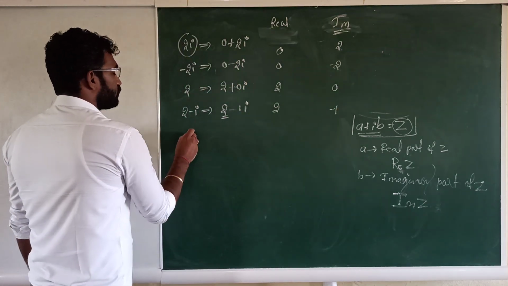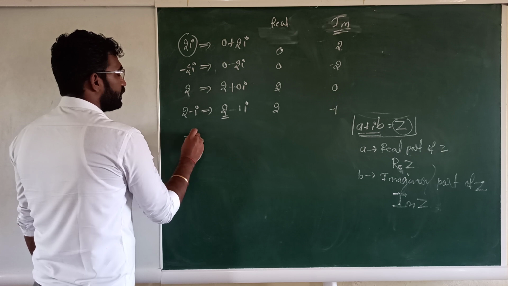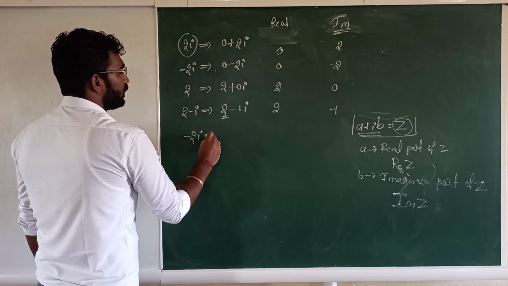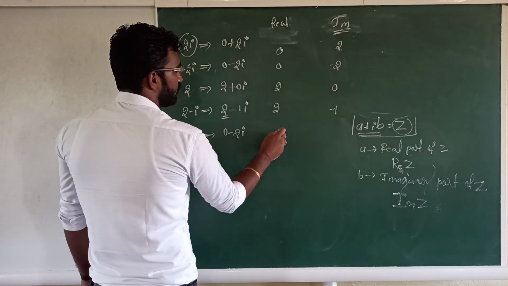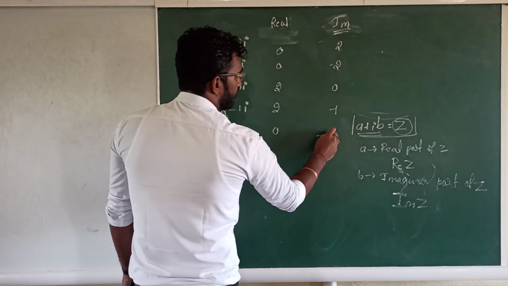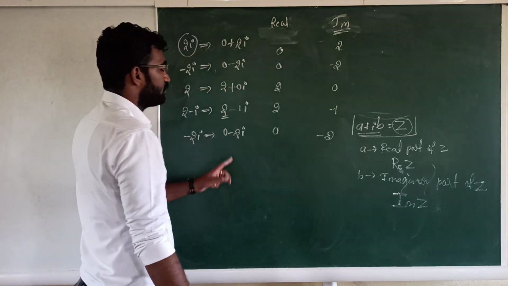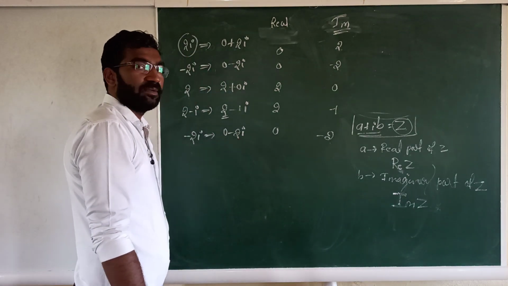If the number is only minus 2i, how are you going to write it? You can write it as 0 minus 2i. Therefore 0 is the real part and minus 2 is the imaginary part. So simple.